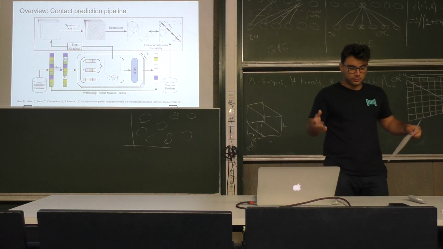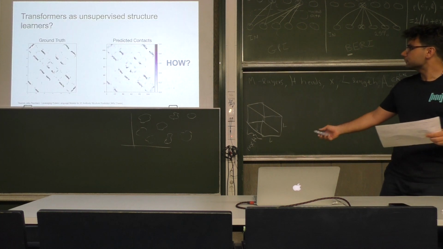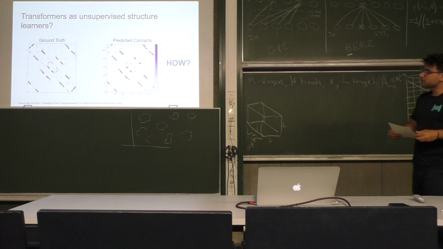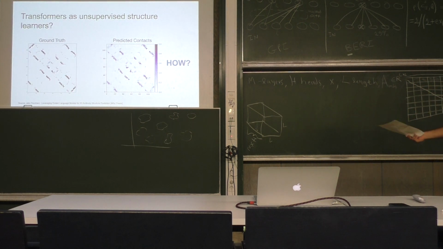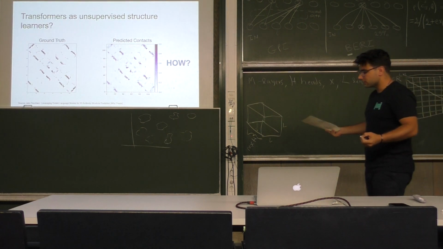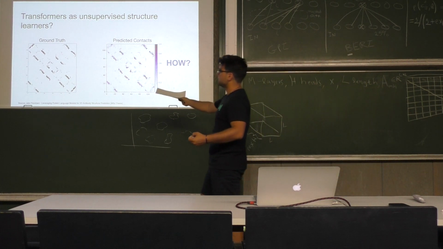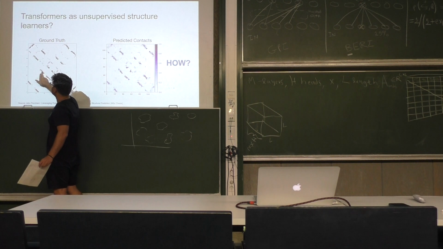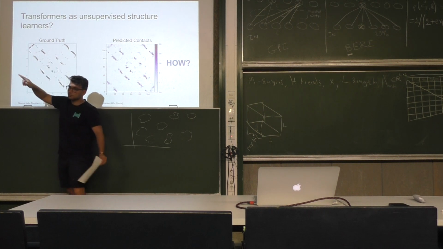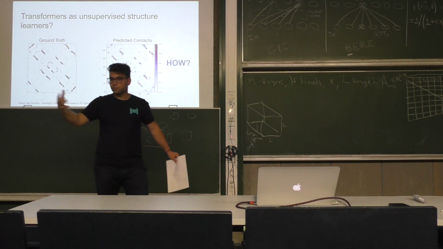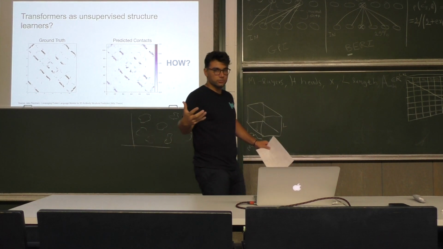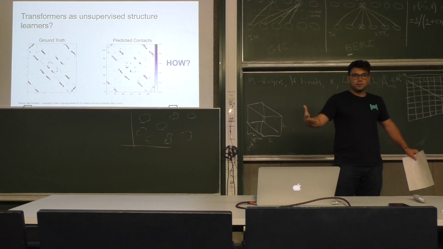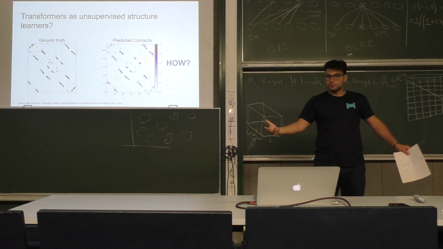So let's solve the problems one by one. Problem number 1. The model has no constraint to produce the ground truth. We said it's symmetric, so position ij is exactly the same as position ji, but the model has no information whatsoever or any constraint to produce a symmetric map. So what do we do?